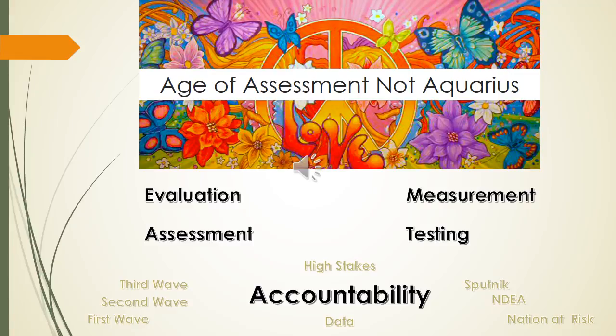And so now we're living in a third wave of accountability since No Child Left Behind. Of course, President Obama has authorized the Every Child Succeeds Act, and really that has kind of toned down No Child Left Behind, made some changes to it. So we've had three waves, and they're about every 25 years.